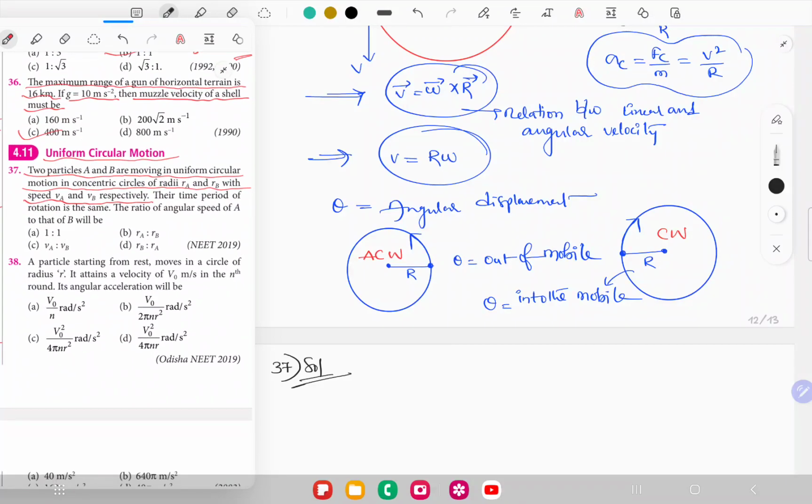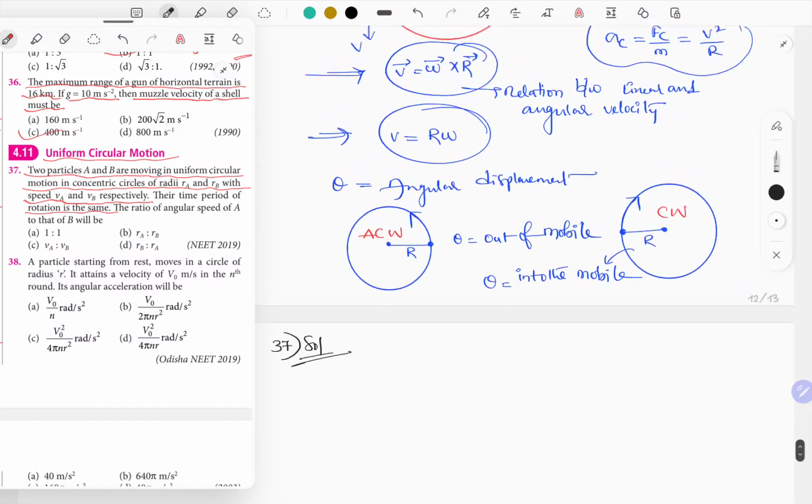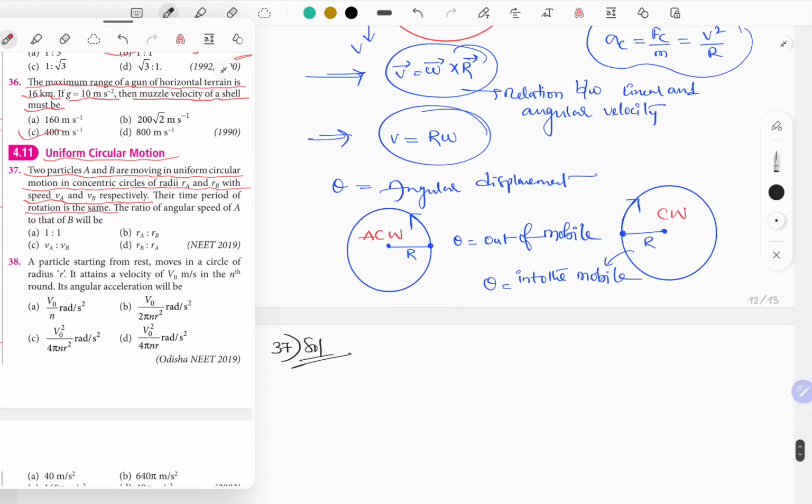Their time periods of rotation are the same, and the ratio of the angular speed of A to that of B is asked. The time period of rotation is the same for both objects. So what's the formula for time period? Time period is equal to 2 pi by omega, right? Does time period depend on the radius and velocity of those objects? No, it does not.